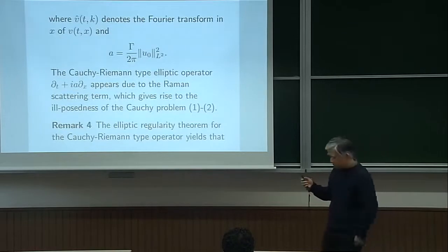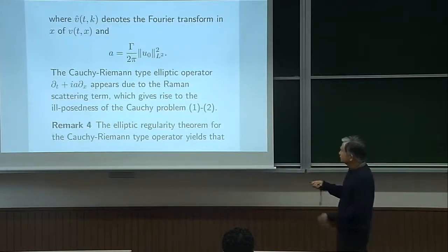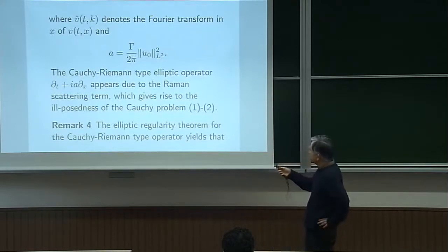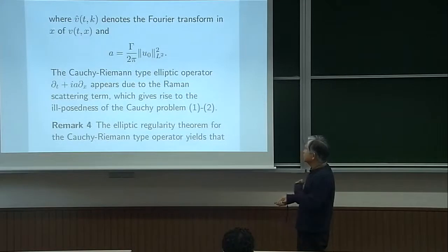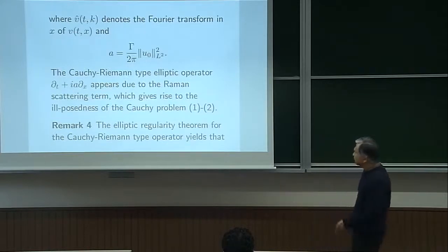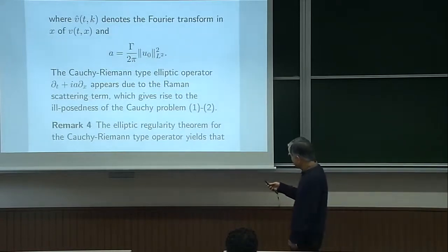However, our equation is of third order, and the equation includes the nonlinearity. So the ill-posedness is not obvious. We need to confirm that the effect of the Cauchy-Riemann operator is dominant over the nonlinear effect. For that purpose, the nonlinear smoothing effect is useful.